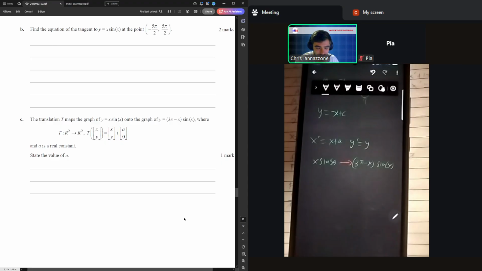Might not even be that much safer, because you still got to use the trig identity afterwards. Nah, in both cases you still got to do a trig identity.